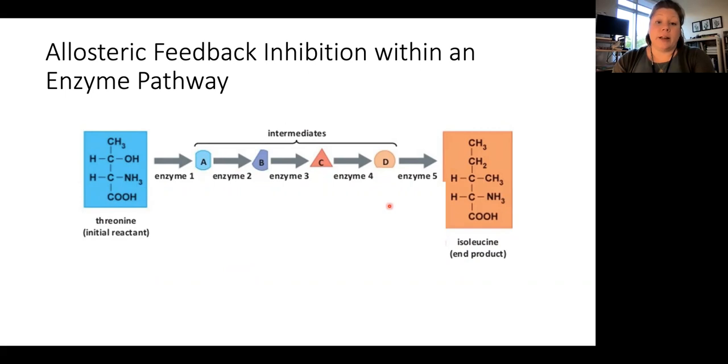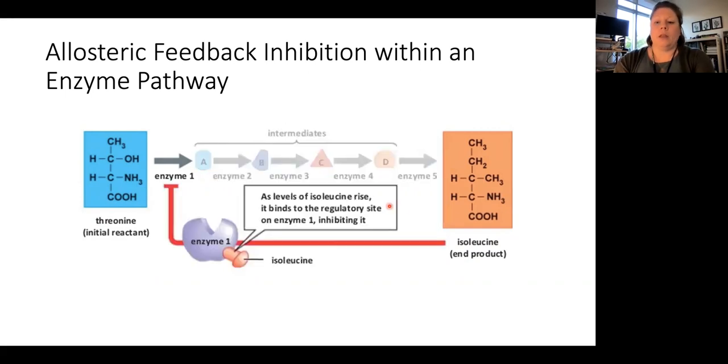In an allosteric inhibition, this final product of the pathway, isoleucine, can go back and bind to the catalytic enzyme, but it's not binding at the active site. You can see it's binding at another site, the allosteric site.